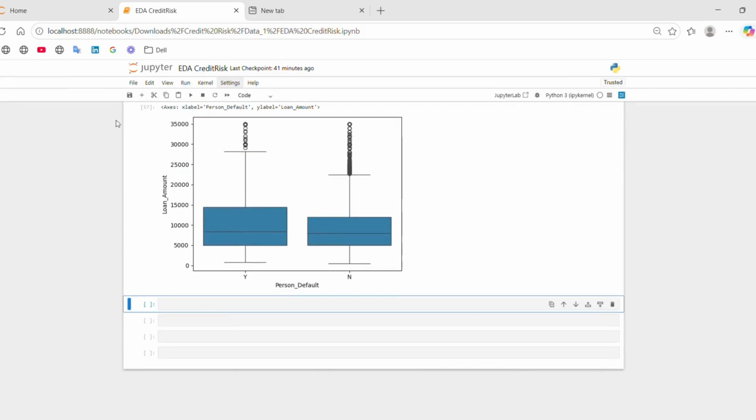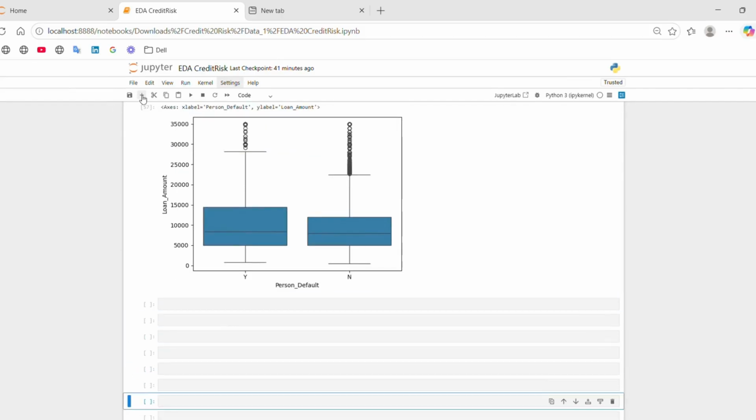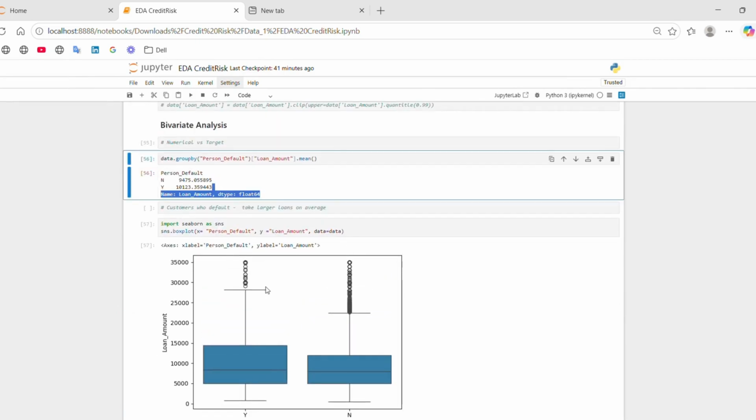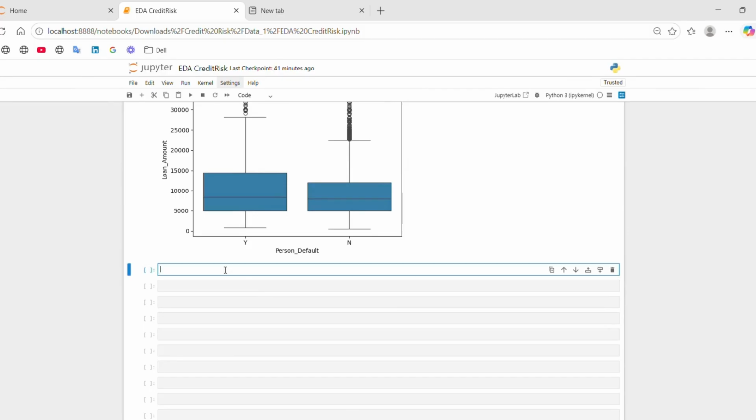So now let's understand if we can figure out something from income also. Loan amount, we do see a relationship from here and from the visualization as well. Now let's bring income into the picture as well. Let's create a variable, loan to income.